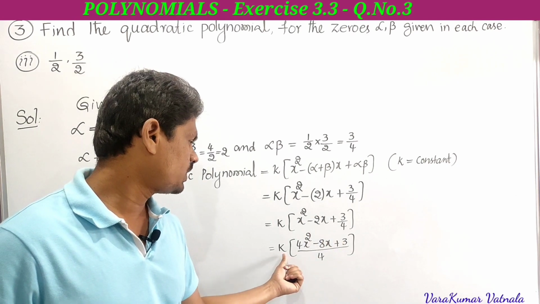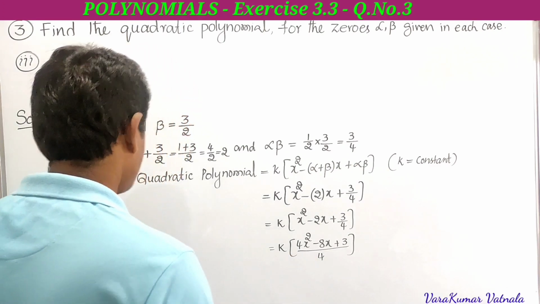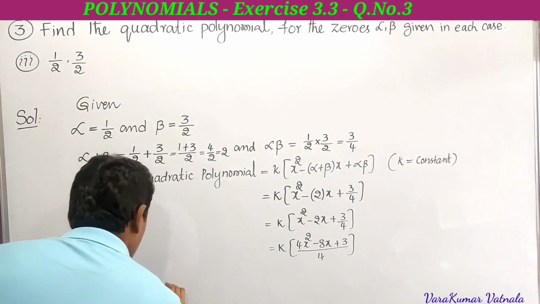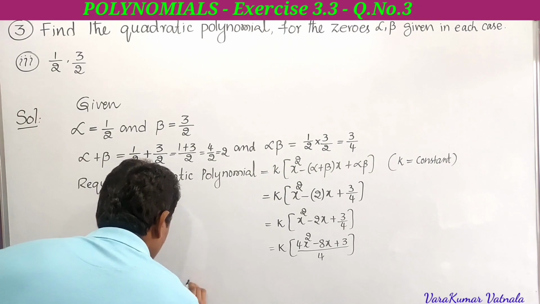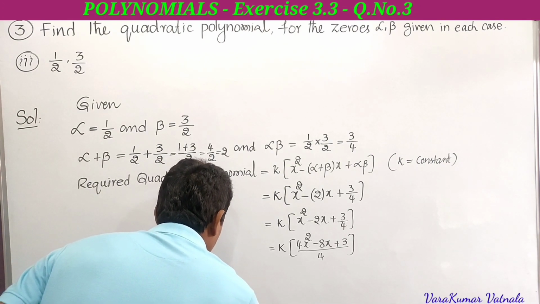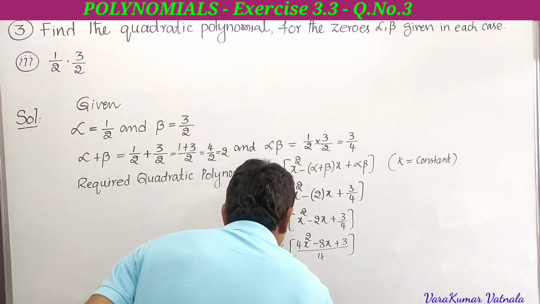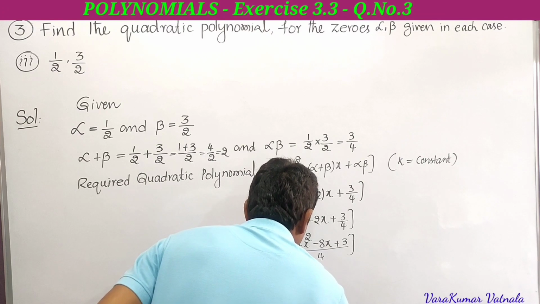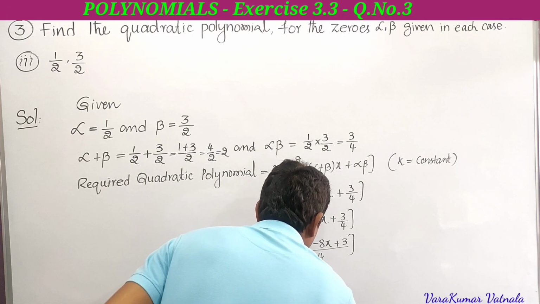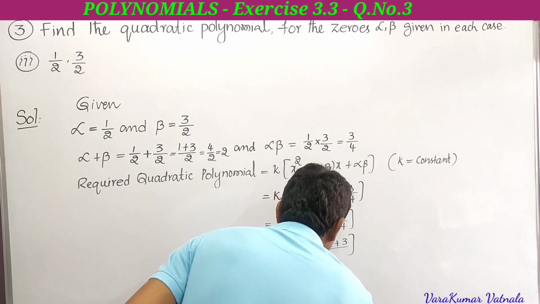So now I am substituting k equal to 4, since the denominator is 4. If k is equal to 4, then the quadratic polynomial is equal to 4 into 4x square minus 8x plus 3 divided by 4.